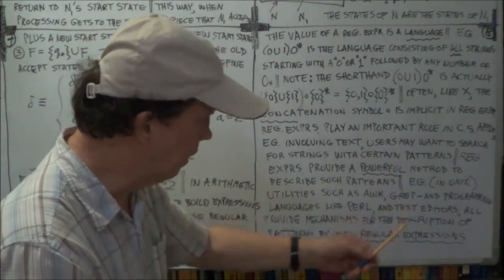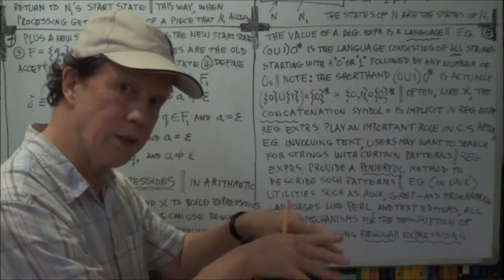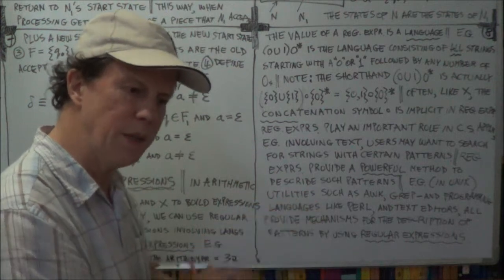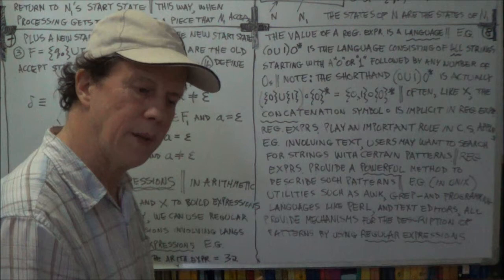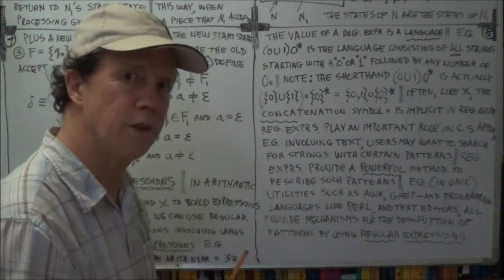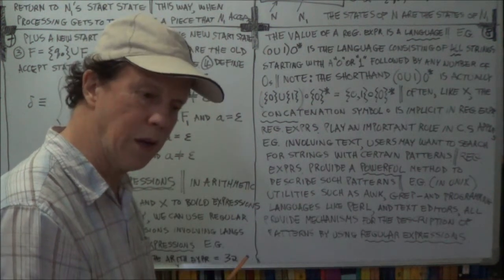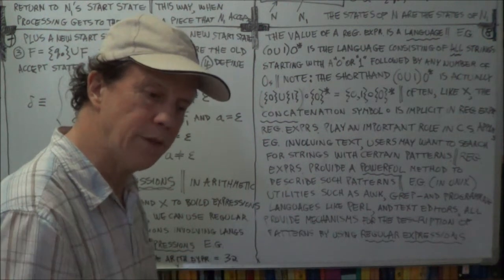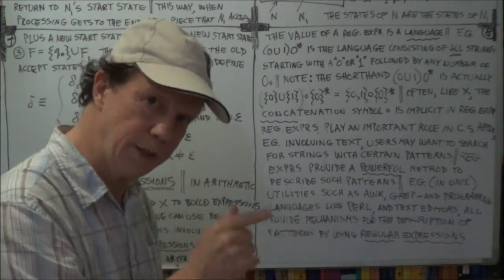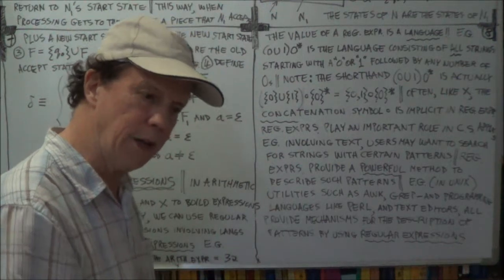So awk and grep allow you to program them in a sense with regular expressions, and then the Unix software uses those regular expressions that you have typed in to go hunting for strings that have the properties you specified.